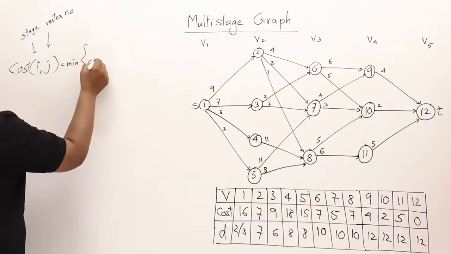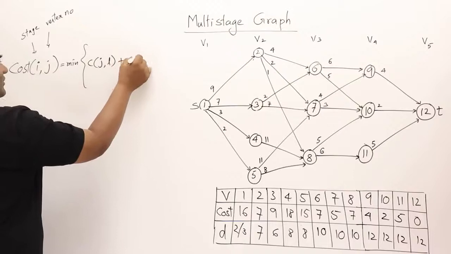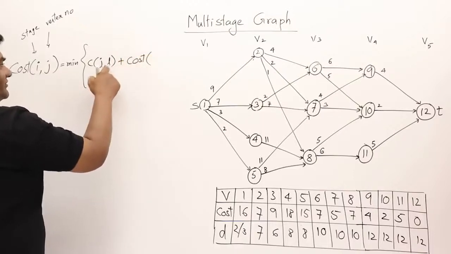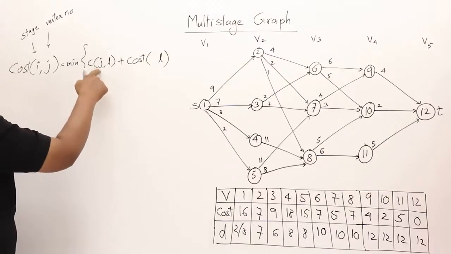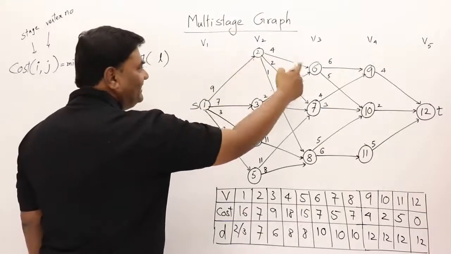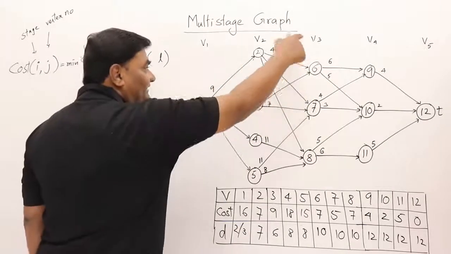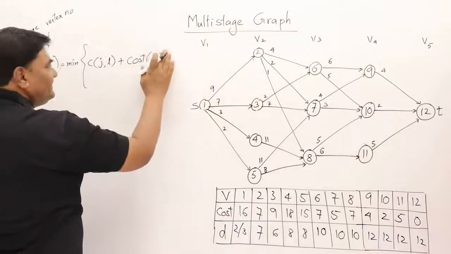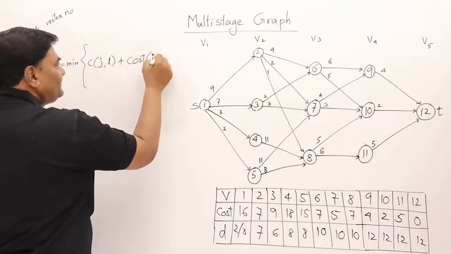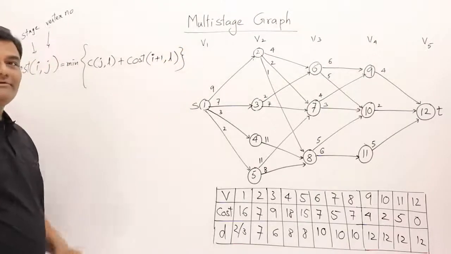This was cost of an edge from vertex j to some vertex l plus cost of that next vertex l. If I say j and l, j is suppose 2, then l is suppose 6. So cost of 2 to 6, then the cost of 6, third stage sixth vertex. So we were writing the stage number here, i plus 1 and l. This was the formula we were finding.